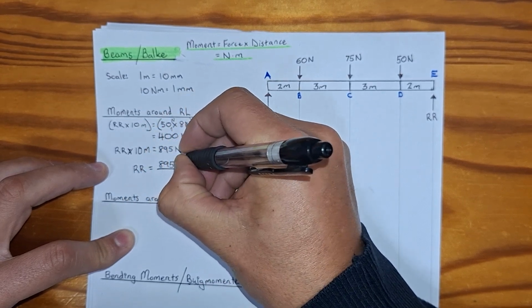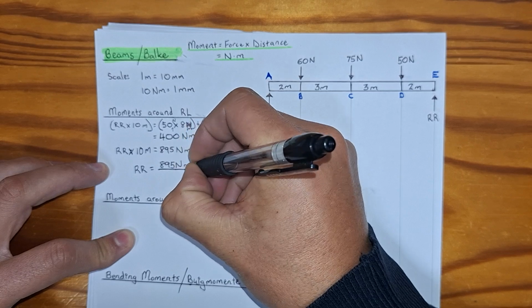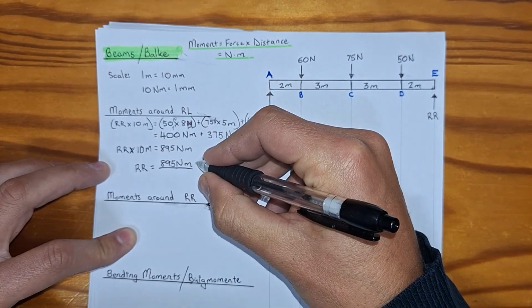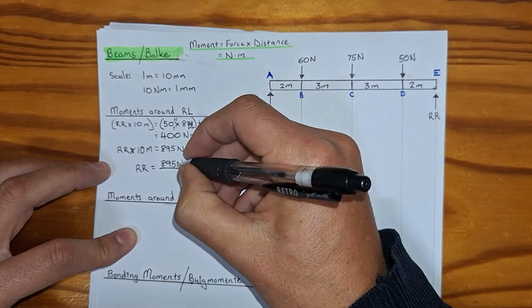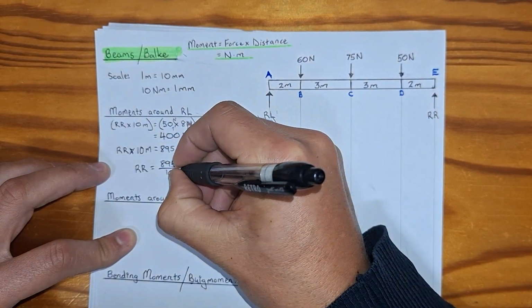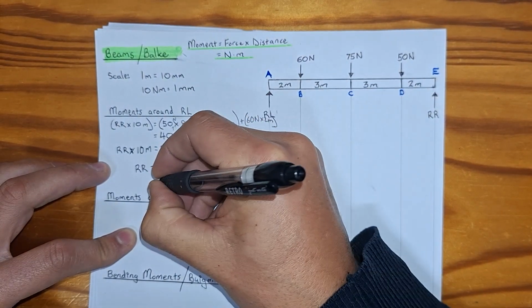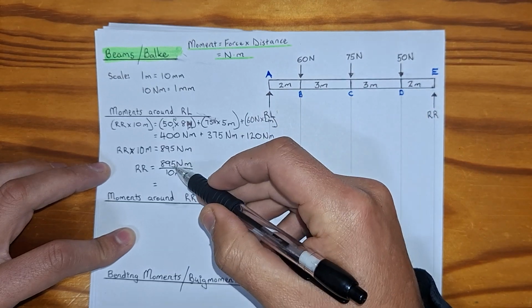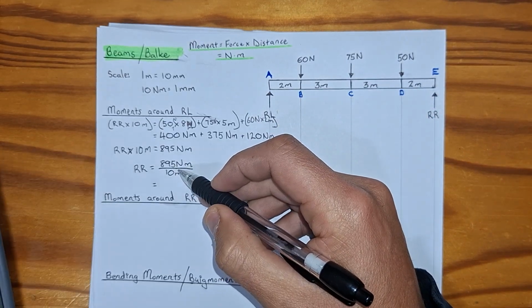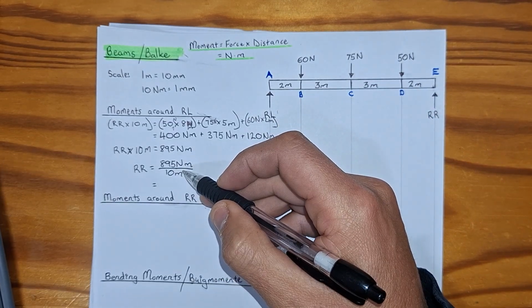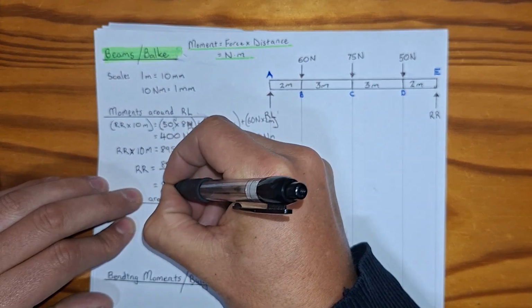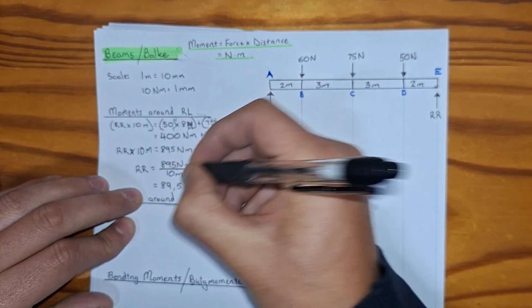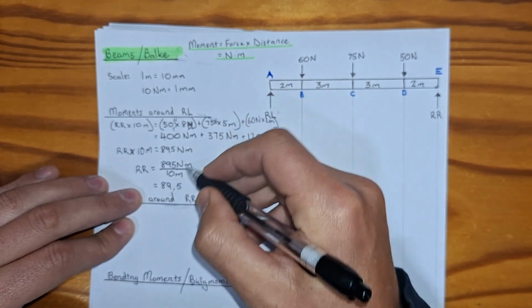895 newton meters. Keep the units there to help you to keep the units right for the final answer. So divided by 10 meters, and this will give us 895 newton meters divided by 10 meters equals 89.5. So it's newton meters divided by meters.